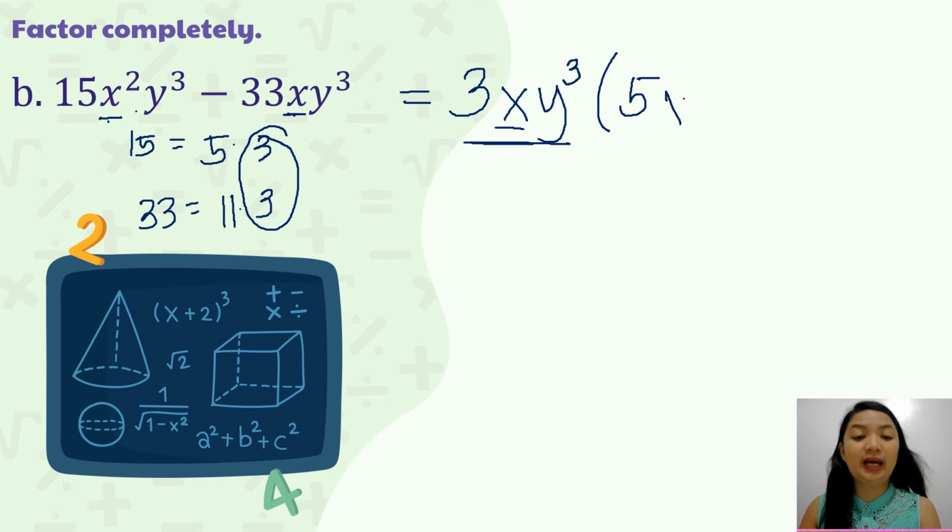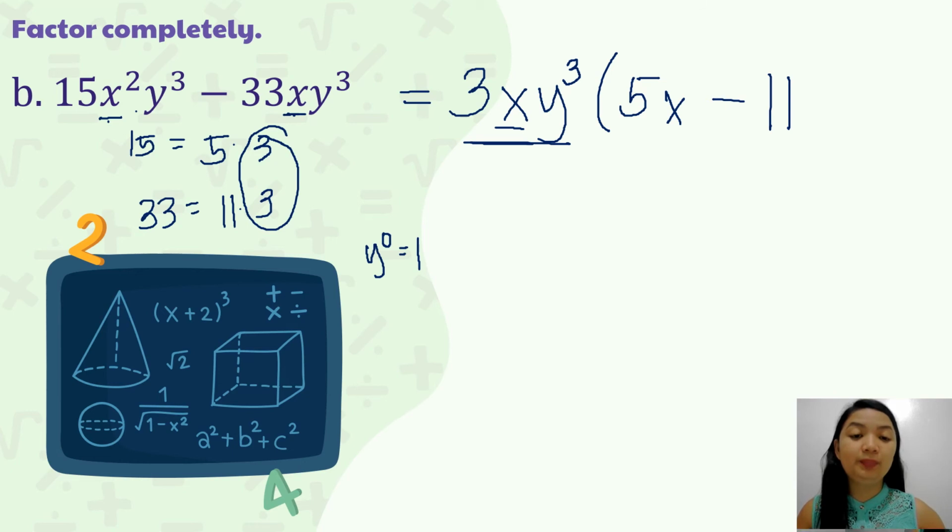So may natira pa tayong isang x. How about y cubed? Since they are both y cubed, y cubed divided by y cubed is 3 minus 3 when it comes to exponents. And y raised to 0 is actually equal to 1, which we do not write since 5x times 1 is simply 5x. And then we have 33 divided by 3, which is equivalent to 11.